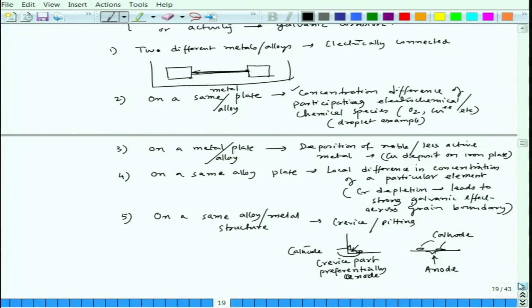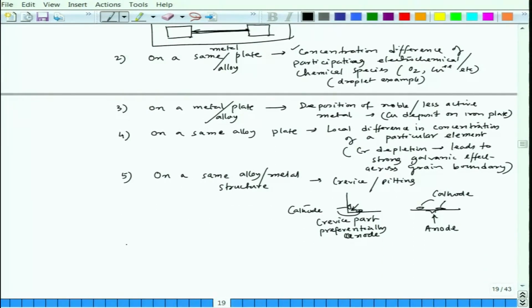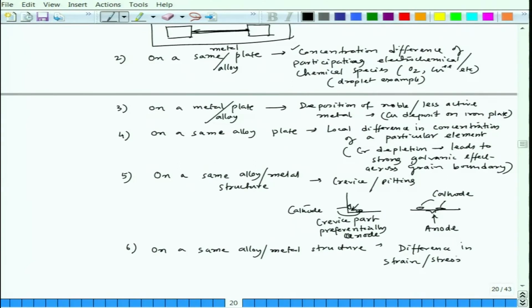For example, on a same alloy or metal plate structure, there could be a difference in strain or stress field, and that could also lead to preferential positioning of anodes and cathodes.